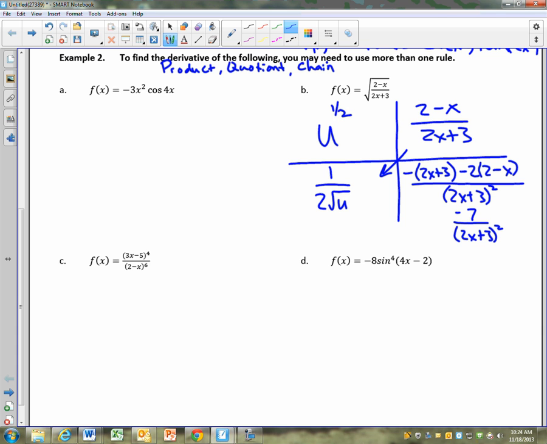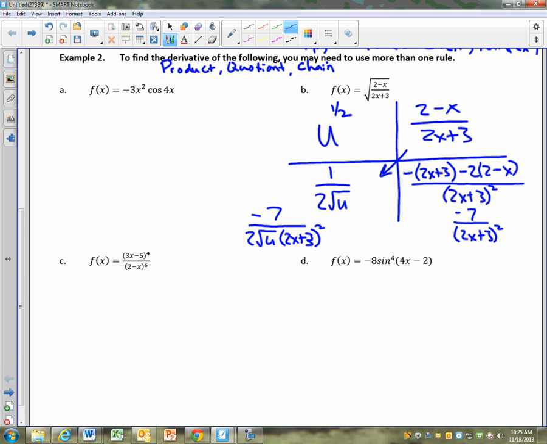So now I multiply these two together, don't I? I'm going to write this out fully before I put it all together. I'm going to have the -7 times 1 on the top is -7 over 2 roots of u times 2x plus 3 squared.